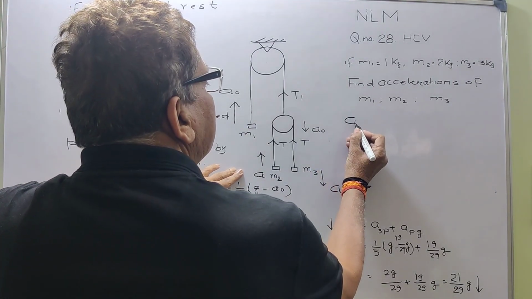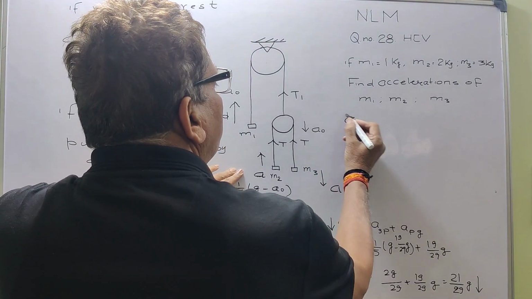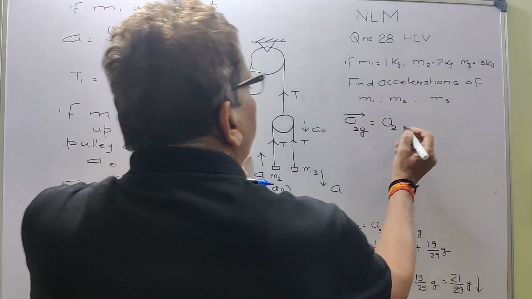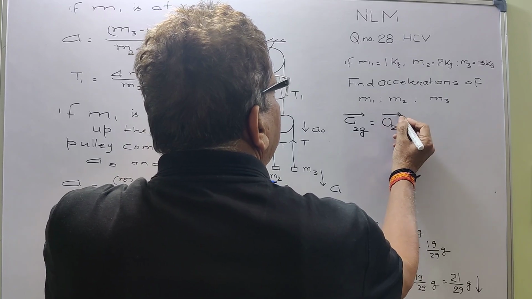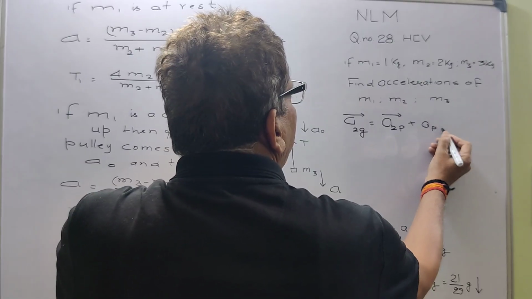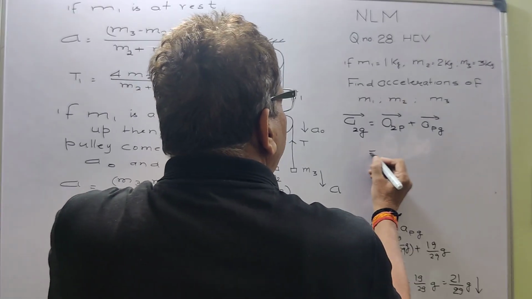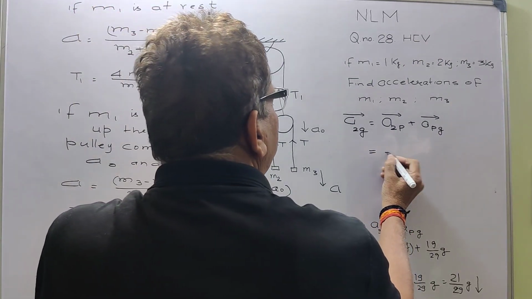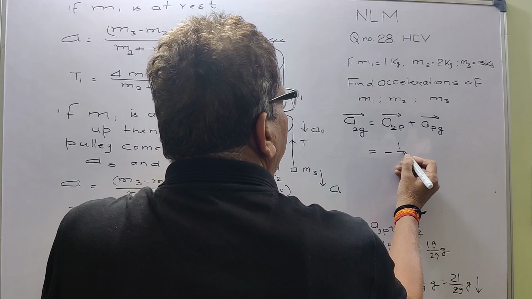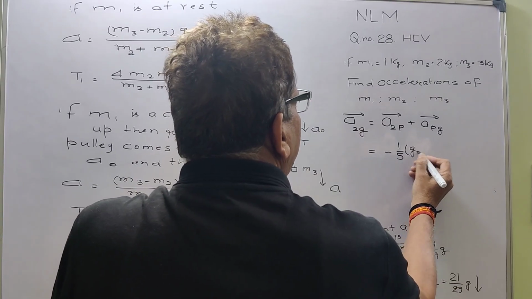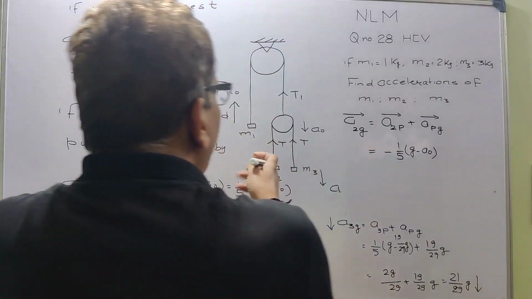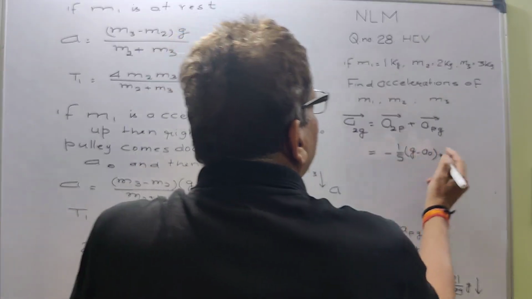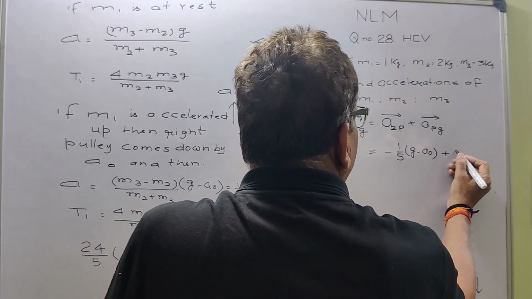Now similarly you can find out the acceleration of 2 with respect to ground also. I can write the acceleration of 2 with respect to ground as the acceleration of 2 with respect to pulley plus the acceleration of pulley with respect to ground. Now you will observe here the acceleration of 2 with respect to pulley can be written as minus 1 by 5 (G minus A0), because it is going up with respect to the pulley, and this pulley is coming down, so this is equal to A0.